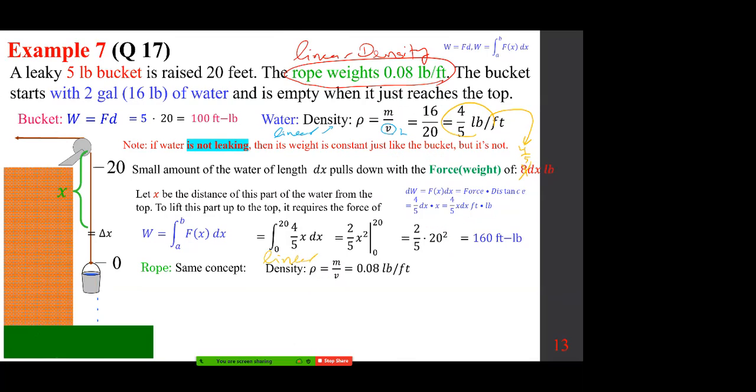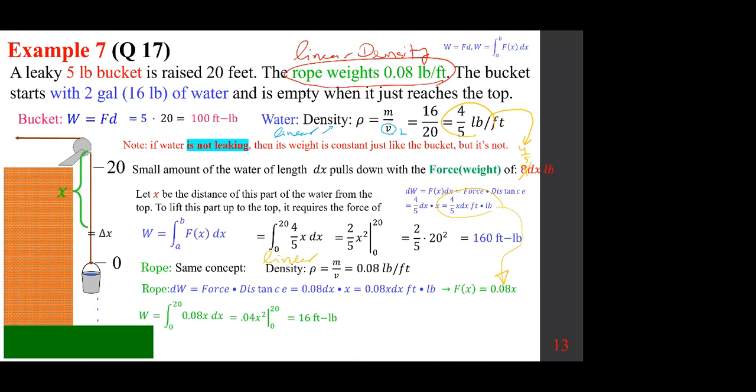Okay, and so you have the same thing. I don't want to explain too much and waste too much time. Just change this to 0.08, because of the way the rope weighs. And do the math. Plug in.